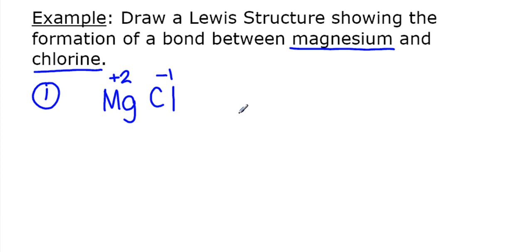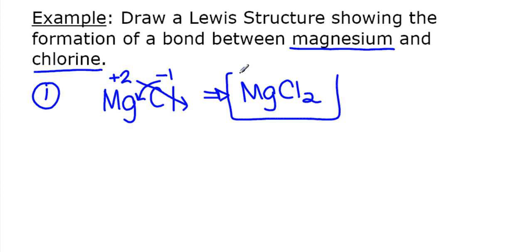Once you write those charges on top, then you're going to do the crisscross. 1 comes down here, and 2 comes down here. Then you get Mg. We don't usually put 1s in formulas, remember, so leave that blank. Cl, and then we put a 2. So this is the formula that I need before I can actually start drawing my diagram.